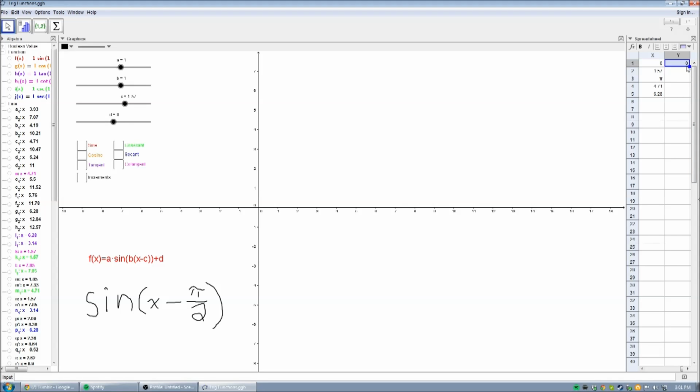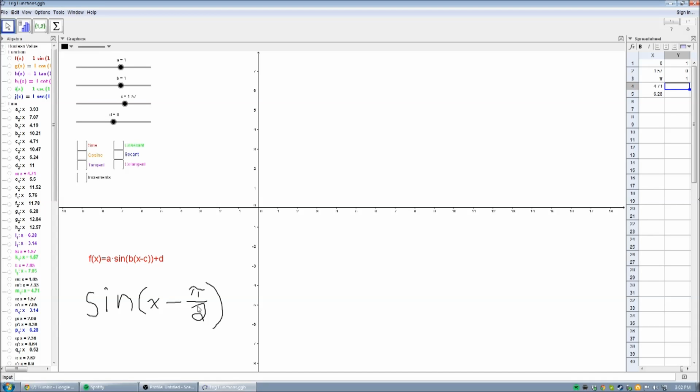Let me try that again. If I have 0, 0 minus pi over 2 is negative pi over 2. The sine of negative pi over 2 is negative 1. If I have pi over 2, pi over 2 minus pi over 2 is 0, the sine of 0 is 0. If I say pi minus pi over 2, that's going to be pi over 2, which ends up being the sine of pi over 2 is 1.